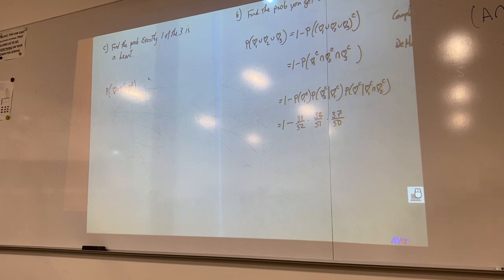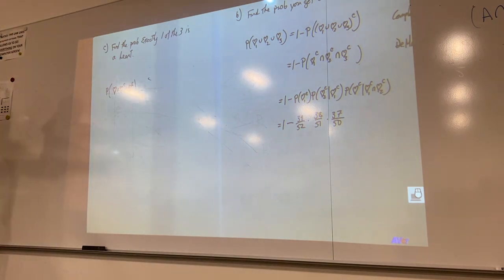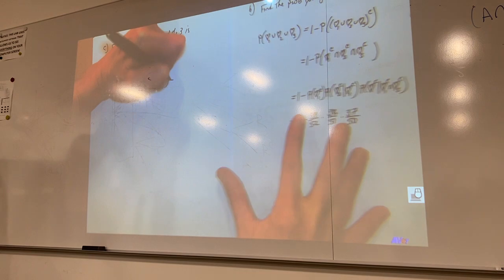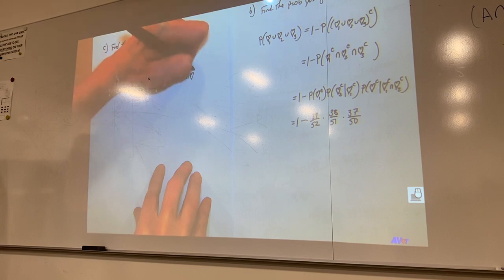No. Couldn't it have been the second card? Yes. Or the third card? Yes. And those three cases are disjoint from each other. So that's plus the probability the first is not a heart, but maybe the second is, then the third is not. And the third possibility is that the first two are not hearts, but the third one was.